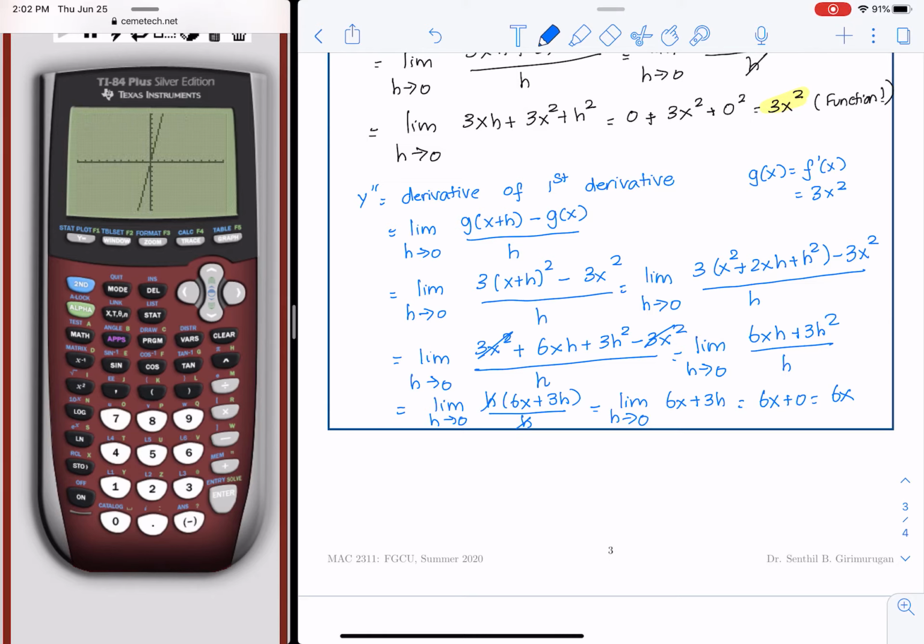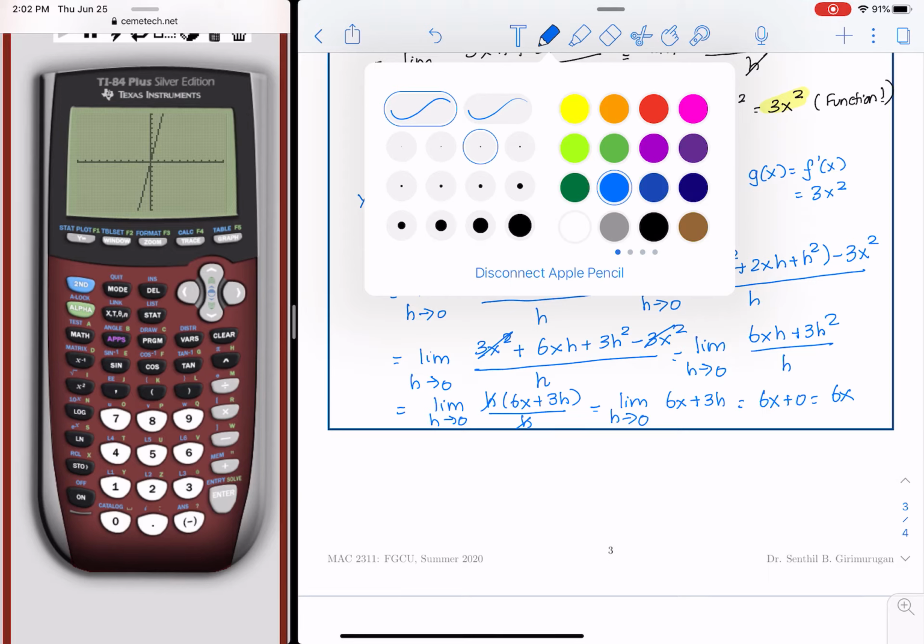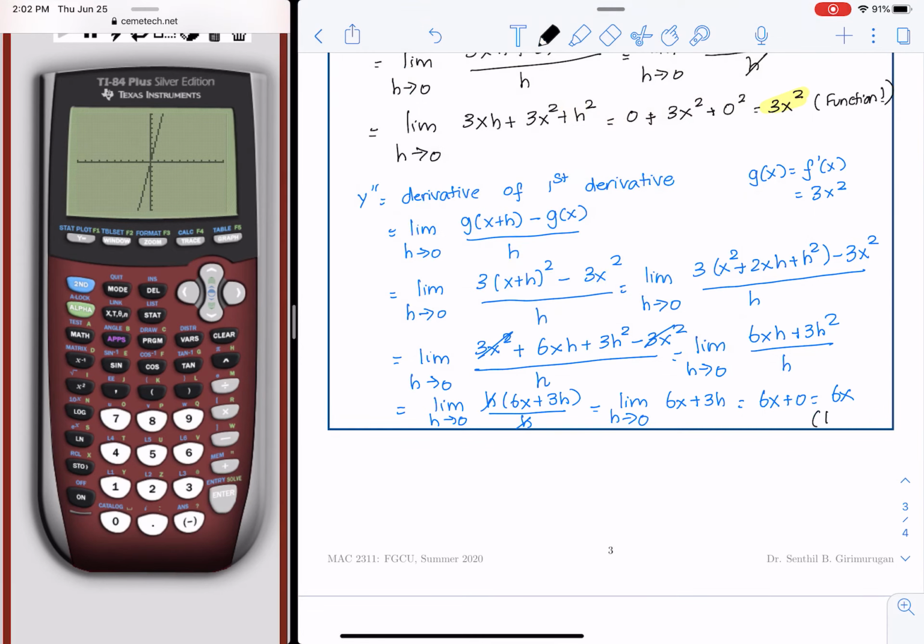It's a line, so the second derivative of a function is also a function. In general, the derivative doesn't matter if it's the first, the second, the third, the 10th. The derivative of a function is a function by definition.